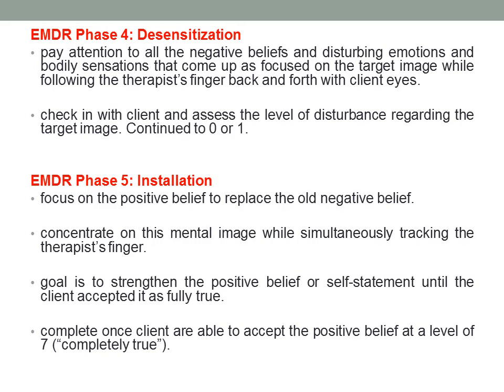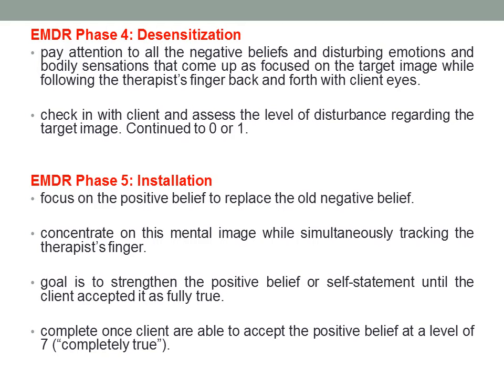The client will be asked to take note of all their reactions to the processing, whether good, bad or neutral, also including any new insights, associations or emotional experiences. After each set of rapid eye movements, the therapist will check in with the client and assess the level of disturbance regarding the target image.